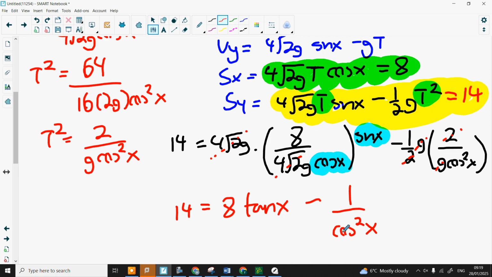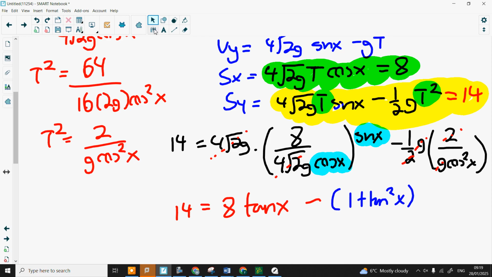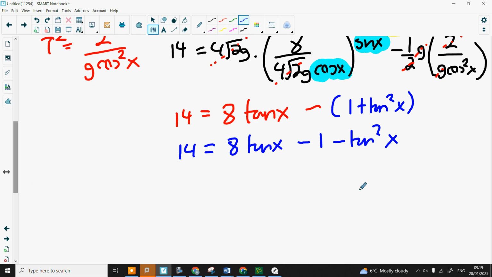Did I give you anything for that as well? What did I say? 1 over cos squared x is the same as 1 plus tan squared x. So I'm just going to sub it in for this. 14 equals 8 tan x minus (1 plus tan squared x). Going to bring it all over one side.